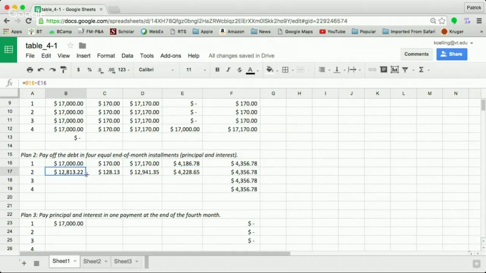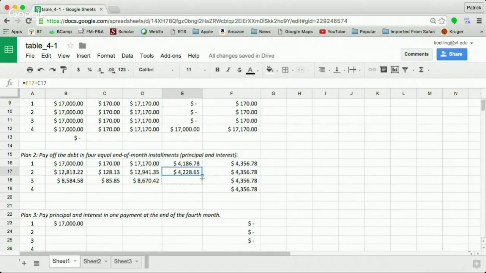For the third month, I now owe $8,584.58. The interest, $85.85. So that my interest continues to go down as I pay down this loan. There's how much I owe at the end of the third month.